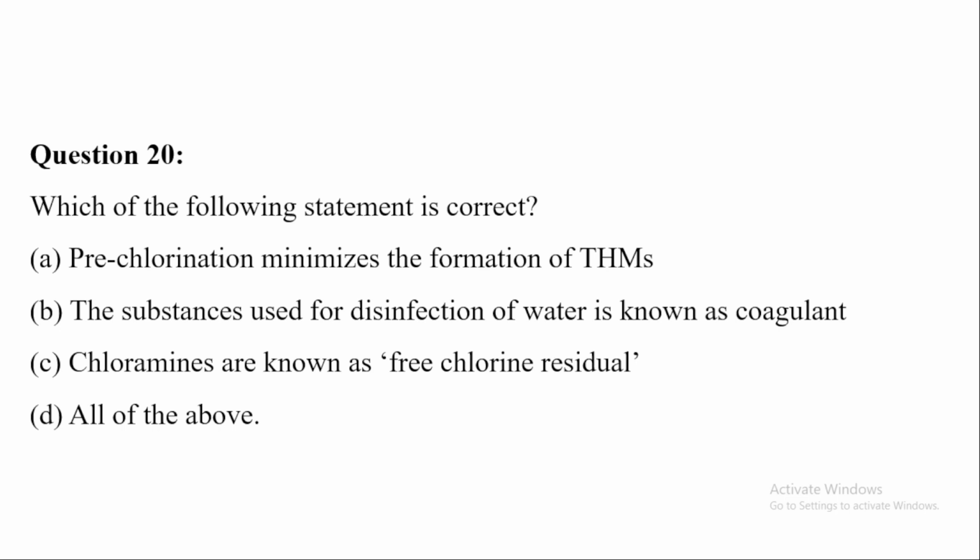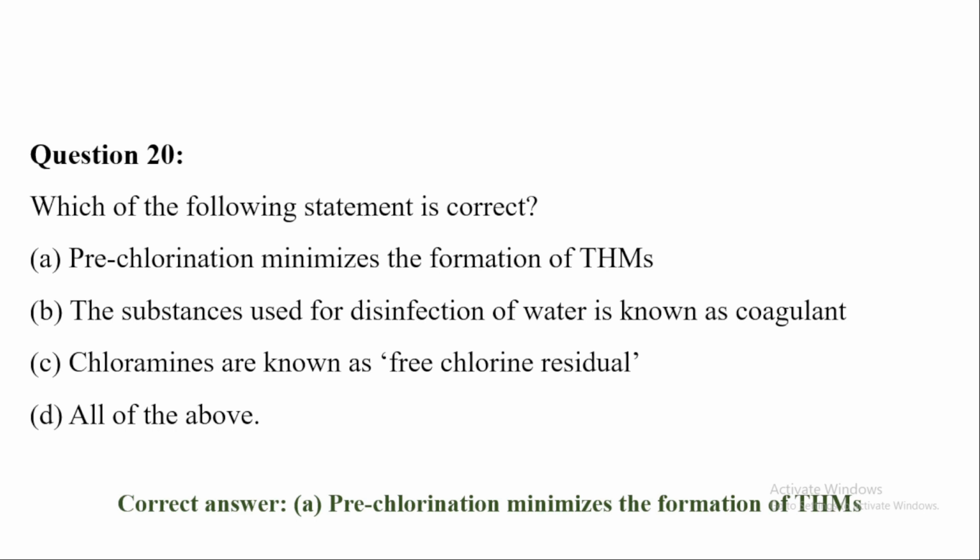We have to see. If you see the first statement, pre-chlorination minimizes the formation of THMs, that is the correct statement. Why? I have told you about pre-chlorination and post-chlorination.